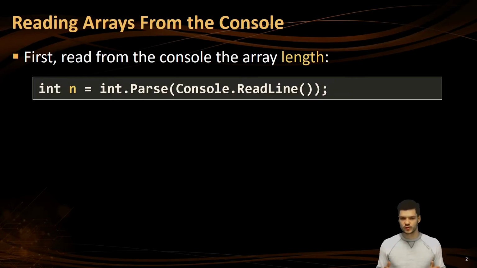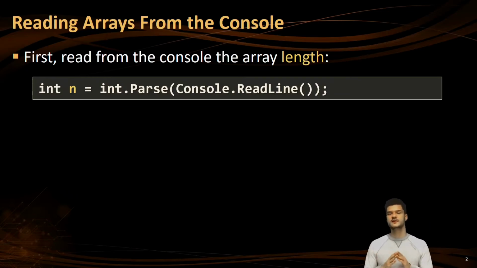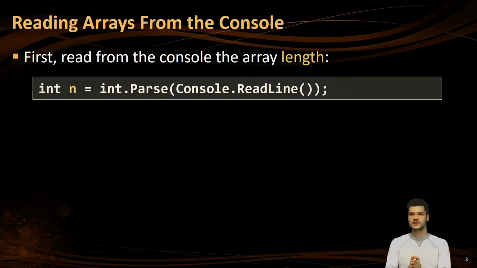It's trivial. We need to read the line from the console and then parse this line into an integer, because all the input from the console line is interpreted as a string, a sequence of characters. As we mentioned, a string is an array of characters, basically.